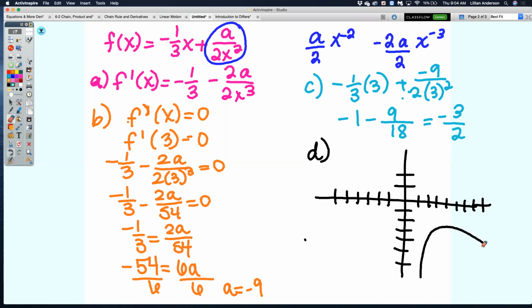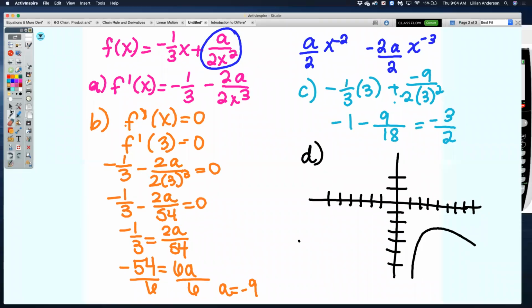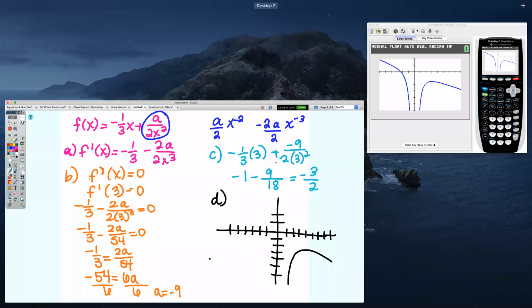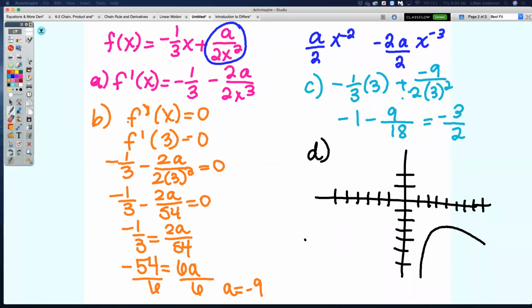And then, where did it cross the x-axis roughly? Between -2 and -3. Okay, so I'm going to do the same. There we go.